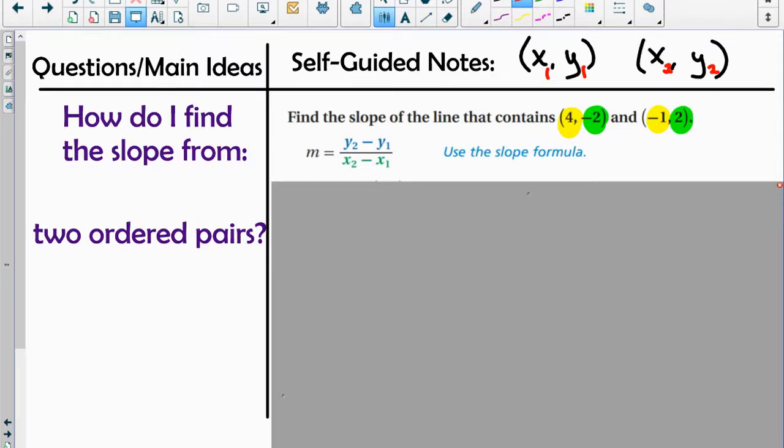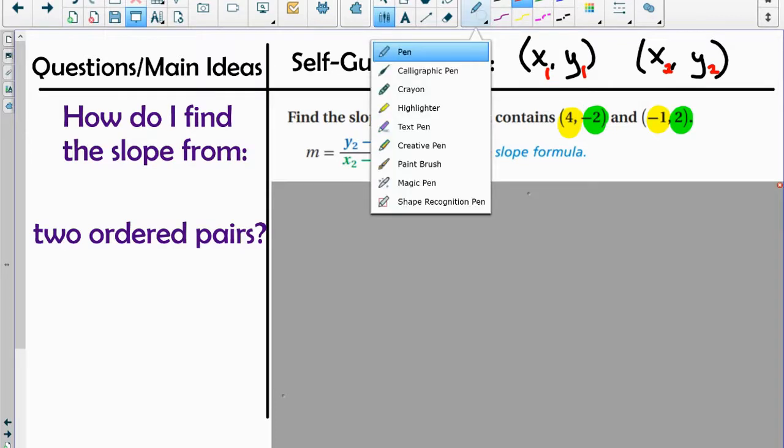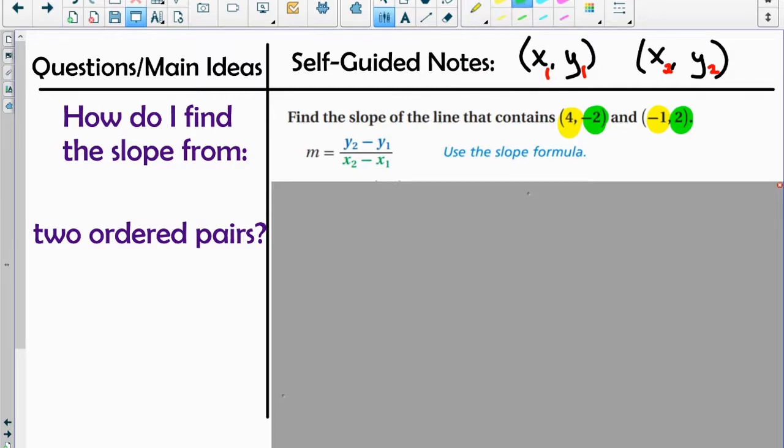So if we're going to match these up, and we're using the slope formula, we want to take the y sub 2 minus the y sub 1. In our ordered pair, that would be the coordinates we highlighted in green. So we start with y sub 2 at the end, which is 2, and then we subtract the -2.